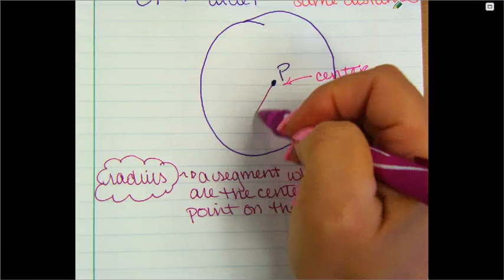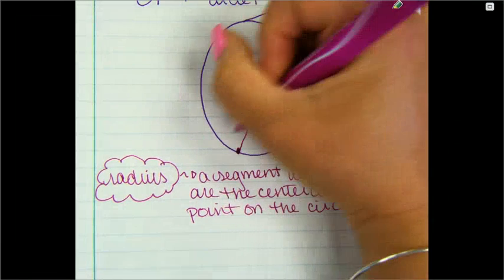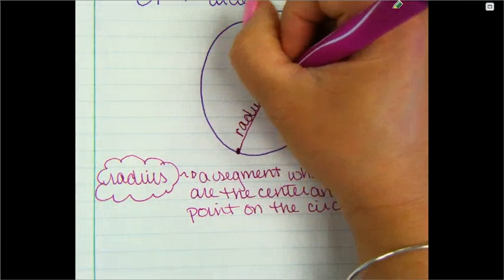So here's the center, here's any point on the circle. We'll go ahead and call this the radius.